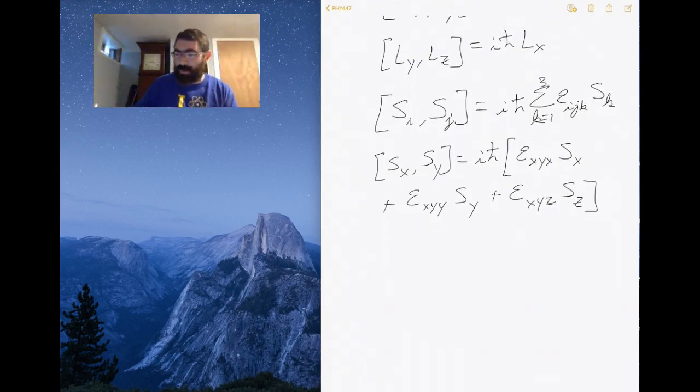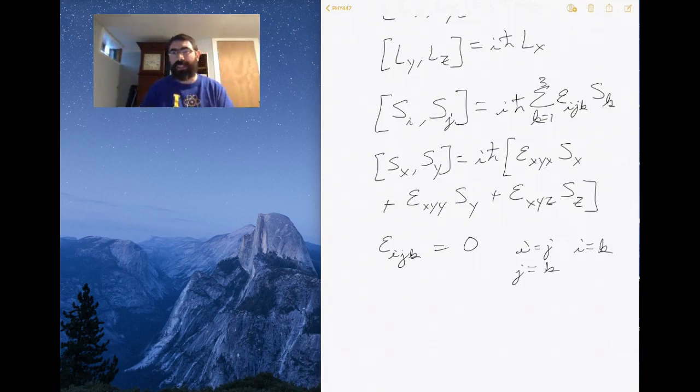But remember, for the Levi-Civita, if I repeat any of these indices, it's 0: if i is equal to j, or j is equal to k, or i is equal to k. Any repeated index, like xyx, is going to be 0.